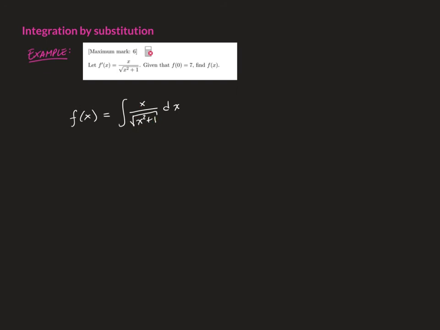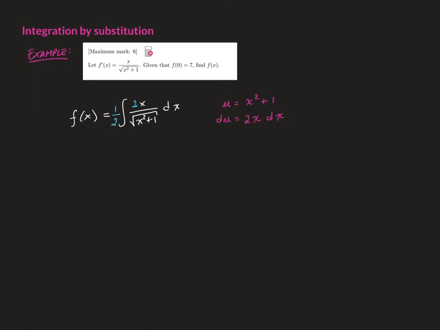So I'm going to define the variable u as x squared plus 1, so that when I differentiate it, the differential of u is going to be equal to 2x dx. Now, as you can see, my original integral only has x dx, not 2x dx. So what we can do to complete the derivative is to multiply this by 2. But since we're multiplying by 2, we also need to divide by 2.